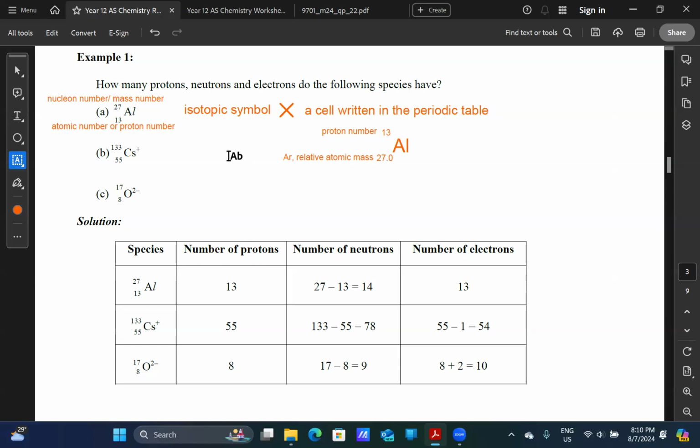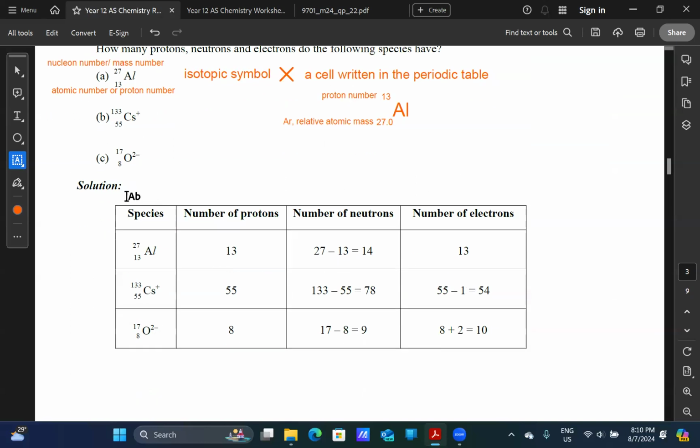Okay, if you know how to read through the isotopic symbol, we can go through the example below. How many protons, neutrons, and electrons do the following species have? As you can see, the solution has been given below as an example. Number of protons is the proton number, so it's 13.